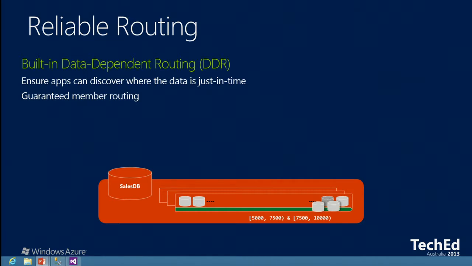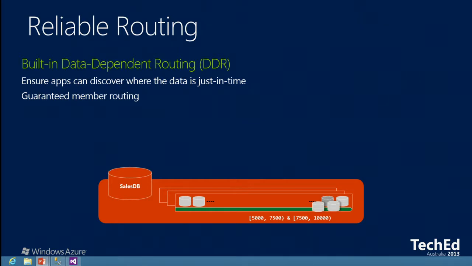Reliable routing. Again, this is important. At any given time, without going to a specific database to ask where I need to go to get this data, I should know where my data is. If I need this user ID, I know it's over here. If I need this user ID, I know it's over here. A lot of these principles apply to what you're familiar with in SQL Federation, and they should apply here too.